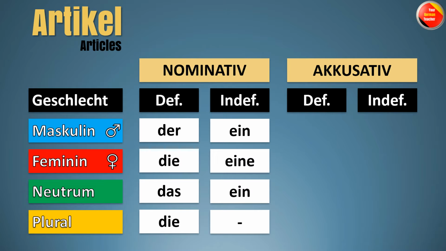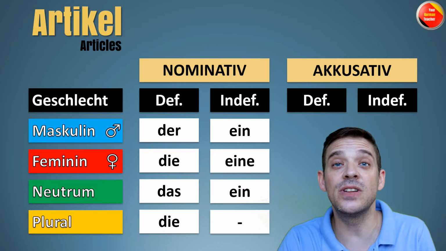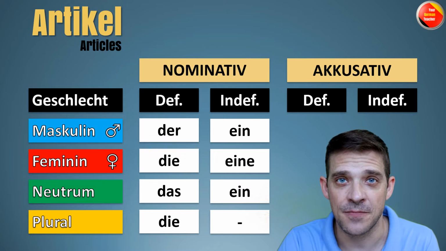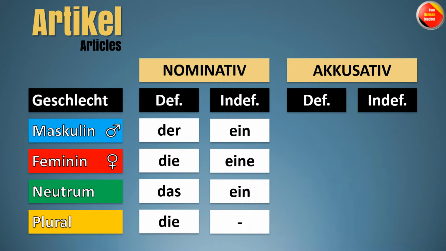Akkusativ. Now we come to accusative. The good news, accusative only changes in masculine. Only changes in masculine. So, definite becomes, instead of der, it becomes den. Indefinite, instead of ein, in Akkusativ, it becomes einen.